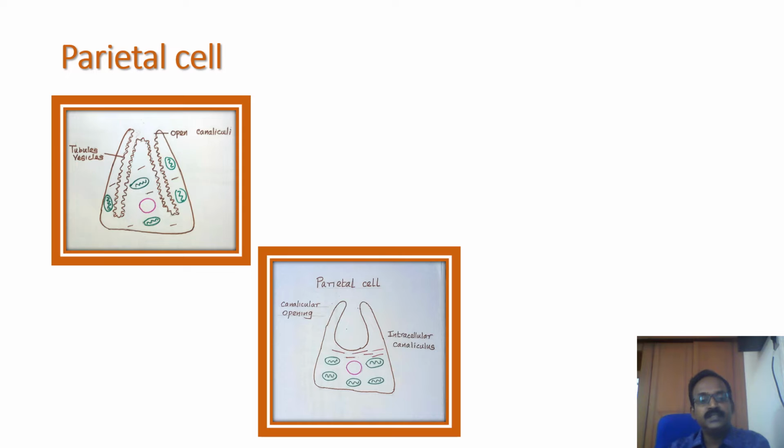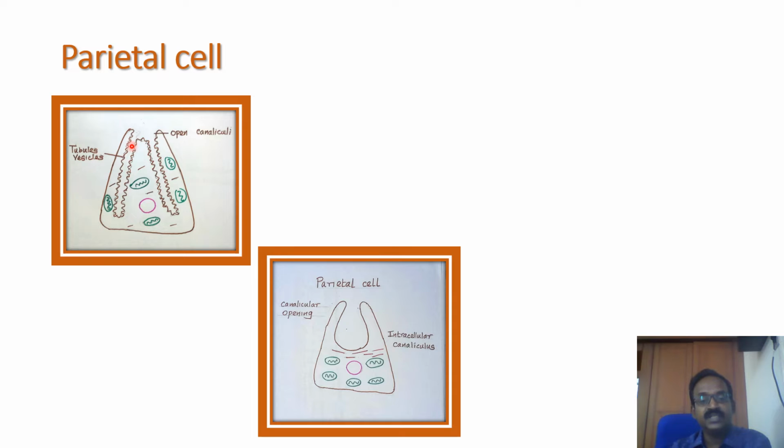This image shows the parietal cell during the resting state and during the active state. Active state means when food has entered the stomach, the parietal cell looks like this. Parietal cells contain the tubulovesicular system, which looks like this during rest, and the open canalicular system.